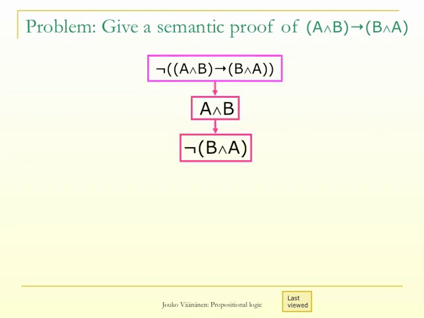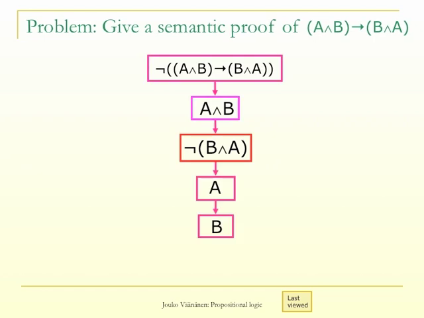First we use the implication rule. The negation of the implication means that hypothesis is true and conclusion is false. Then we apply the conjunction rule. Conjunction A and B allows us to write on this single branch that we have A and then B.